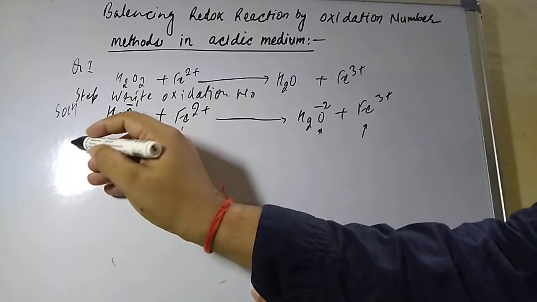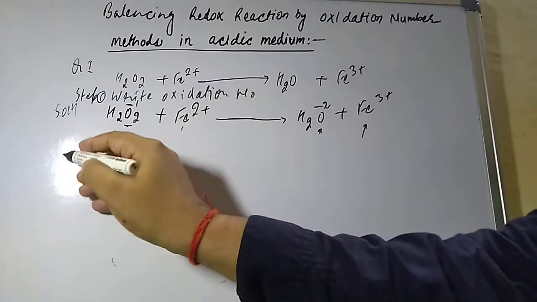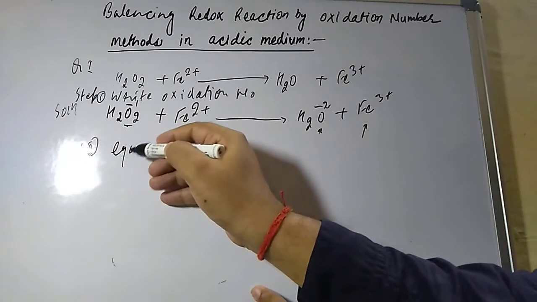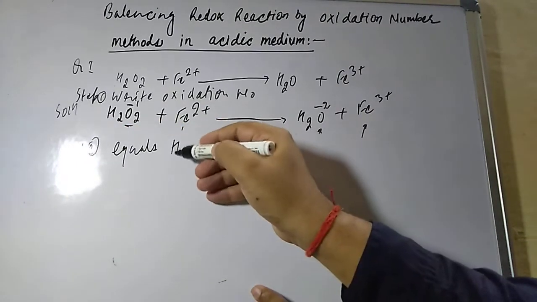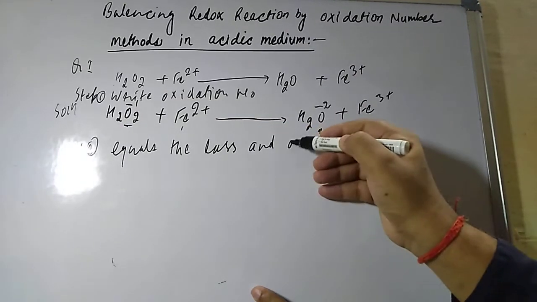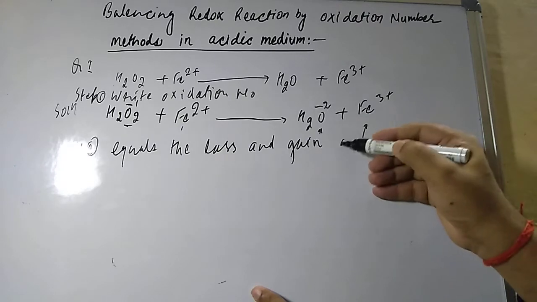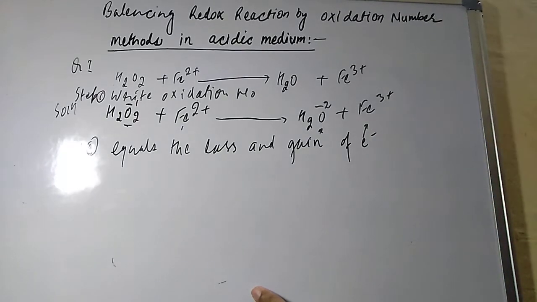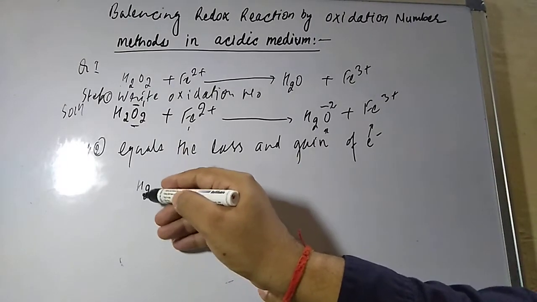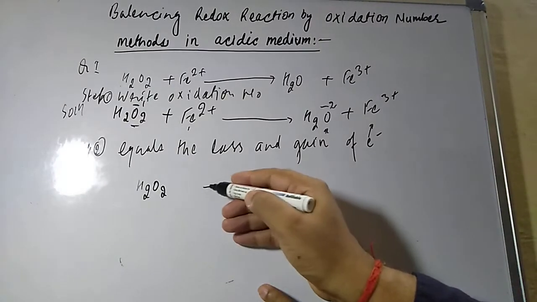Step number 2 says we must equalize the loss and gain of electrons. Here we have H2O2 plus Fe2+.